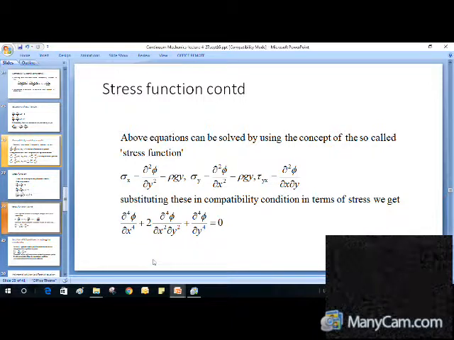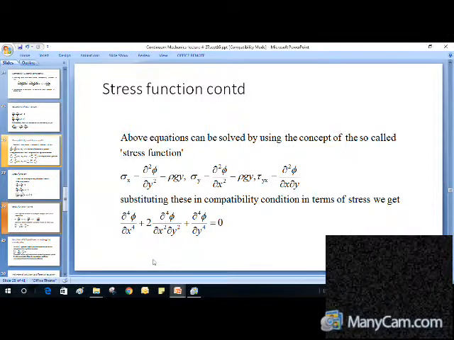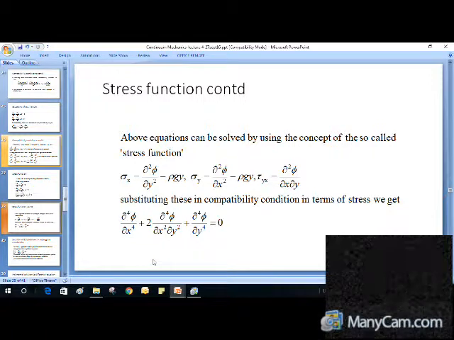So I will select a function phi, which is a function of x and y, and if I take a function in this fashion, sigma x equal to delta 2 phi by delta y square minus rho g y, that is a substitution I want to make, where phi is some function of x and y. Please remember, phi is some polynomial function. It may involve x square, x cube, any power of x, and so on.